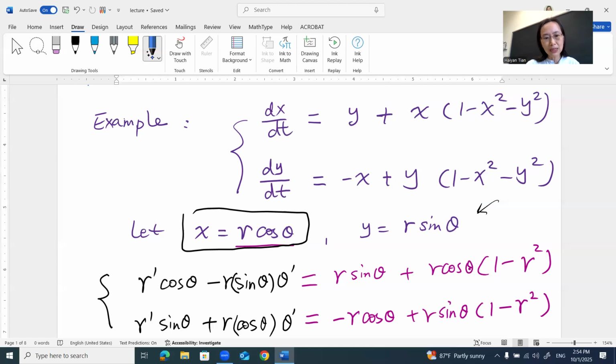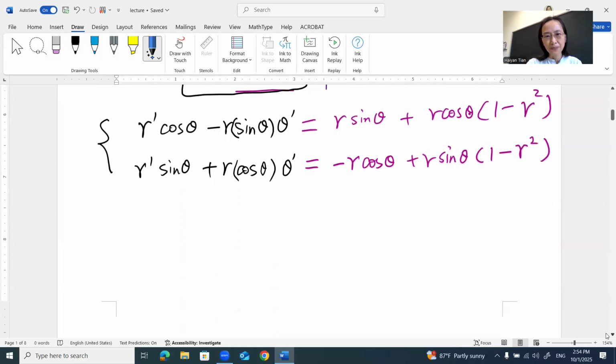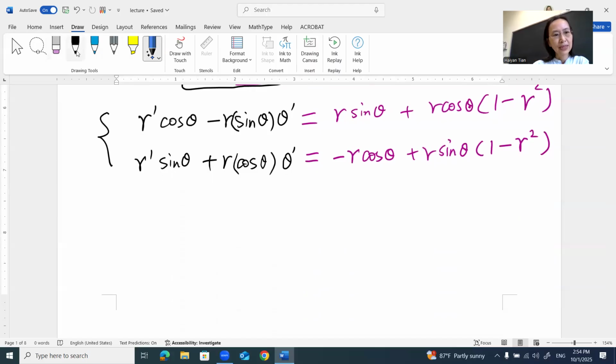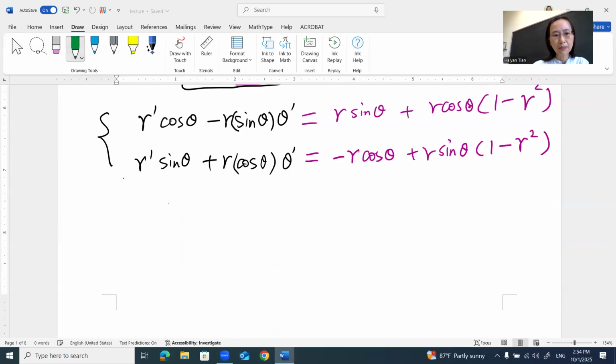So we just want to eliminate the theta derivative first. So the strategy is that we look at the polar coordinate version system, and we can do some operations. So the first equation, if we multiply both sides, so let's call the new system, we label the first equation and second equation.